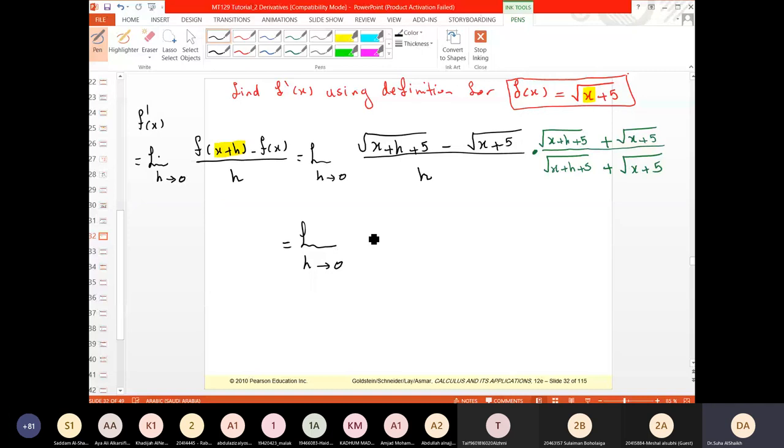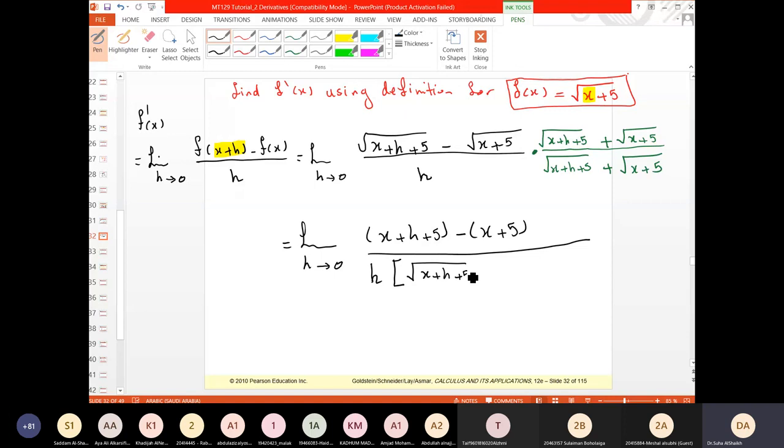So I will have x plus h plus 5 minus x plus 5, all divided by h. I open a square bracket and I have the root of x plus h plus 5, and here I have the root of x plus 5.